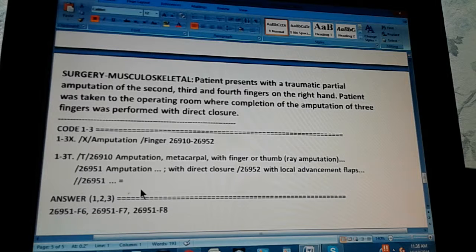You have to go to the place where the modifiers are and find the description of these 3 modifiers. That's why the answer is 26951 with modifier F6, 26951 with modifier F7, and 26951 with modifier F8, which describe the amputation of the 3 fingers. Okay, so that's our answer.